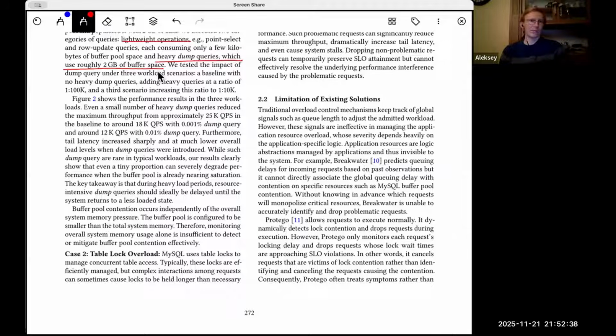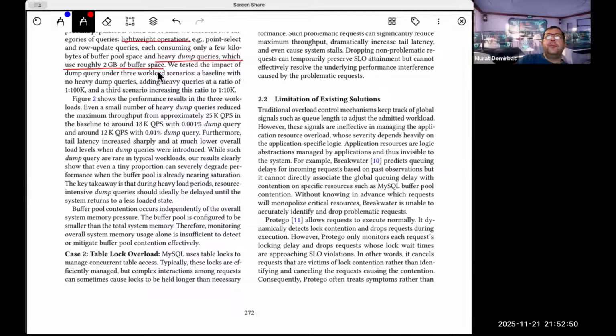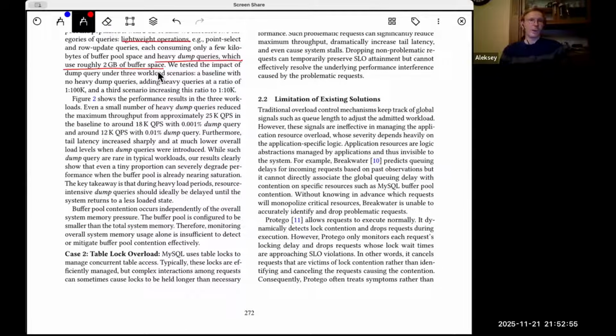For example, Breakwater predicts queuing delays for incoming requests based on past observations, but it cannot directly associate the global queuing delay with contention on a specific resource, such as MySQL buffer pool contention. Without knowing in advance which requests will monopolize critical resources, Breakwater is unable to accurately identify and drop problematic requests.